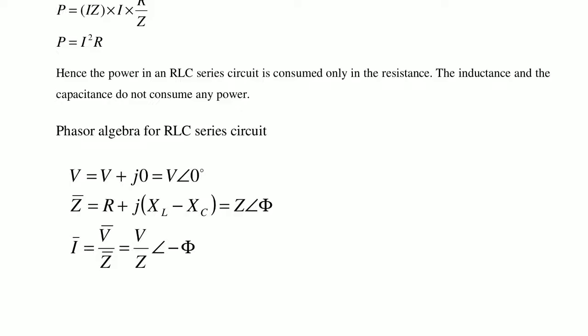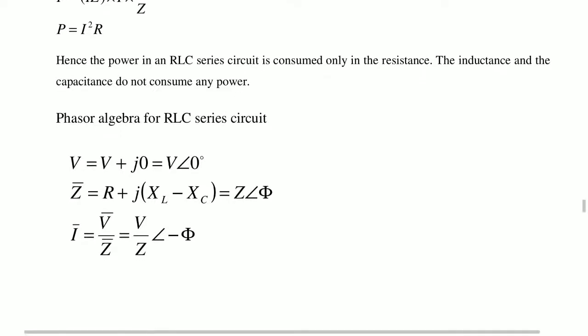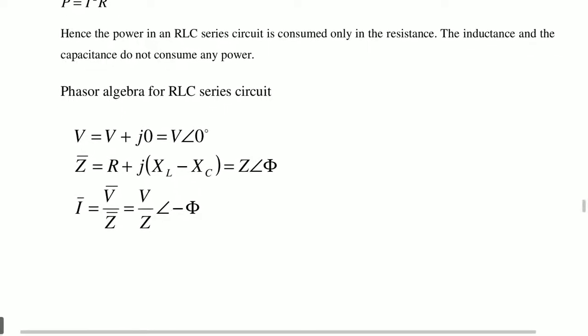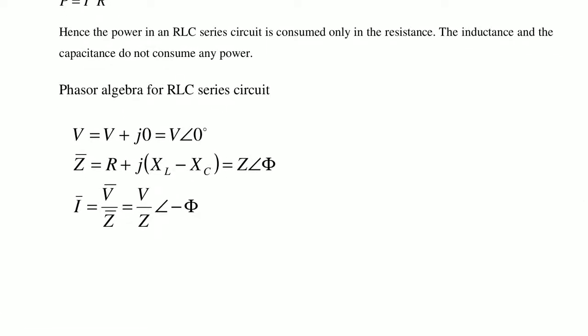Now Z bar, the Z vector, is R plus j(XL minus XC) in rectangular form, which can be converted into polar form. The polar form is Z angle of phi. Whether phi is positive or negative depends on the L and C elements.